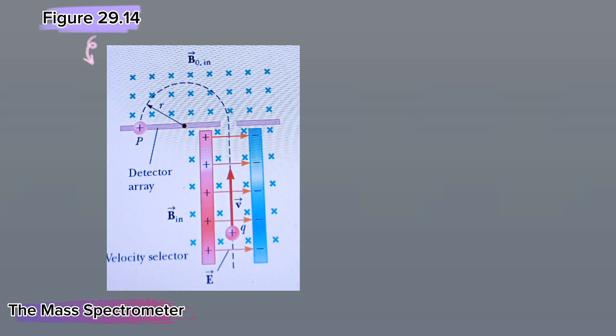In one version of this device, known as the Bainbridge mass spectrometer, a beam of ions first passes through a velocity selector and then enters a second uniform magnetic field B0 that has the same direction as the magnetic field in the selector.